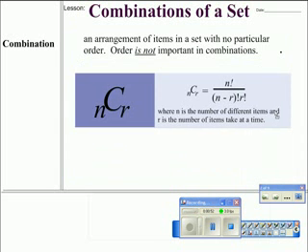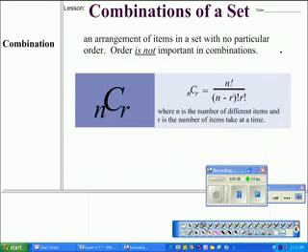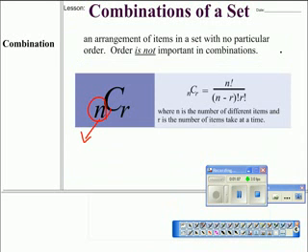It's a combination of n items chosen r at a time, taken r at a time. Once again, just like with permutations, n stands for the total number of items, and r is the number taken or chosen.